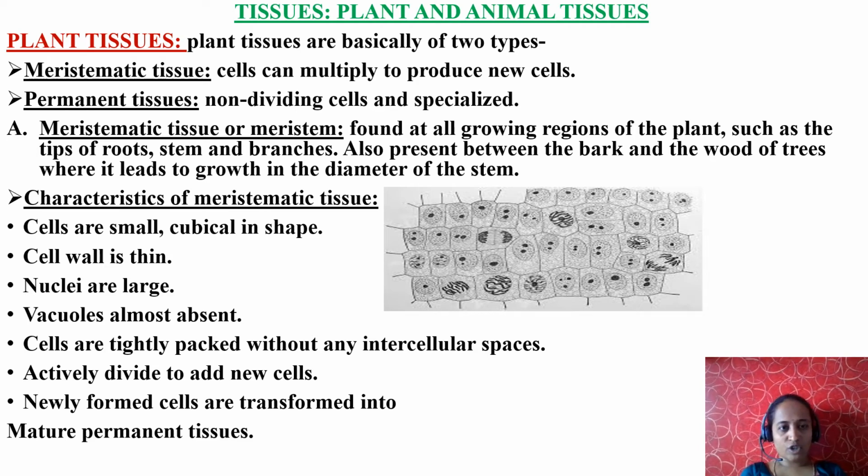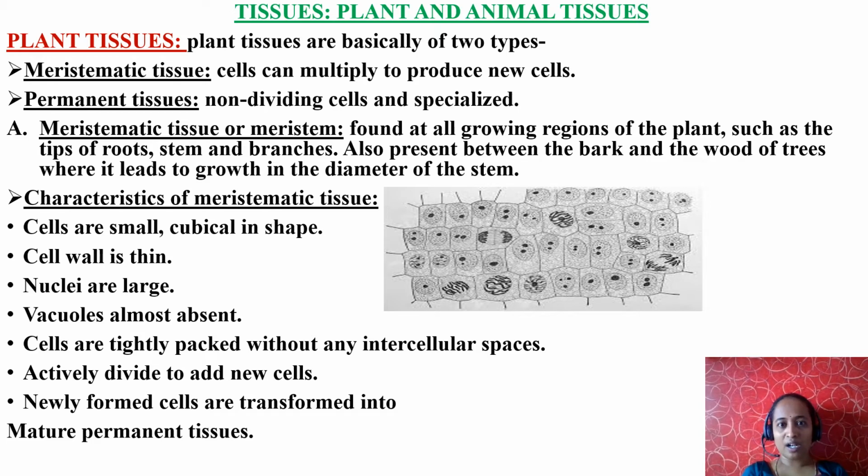Let us see the definition of meristematic tissue or meristem. Meristematic tissue is found at all growing regions of a plant, such as the tips of roots, stem and branches, and is also present between the bark and wood of trees. Bark is the outermost region of a tree, and wood is inside, in the middle area of a tree.